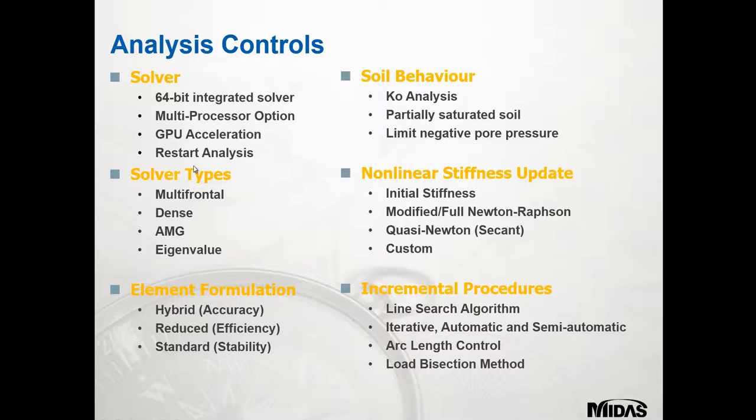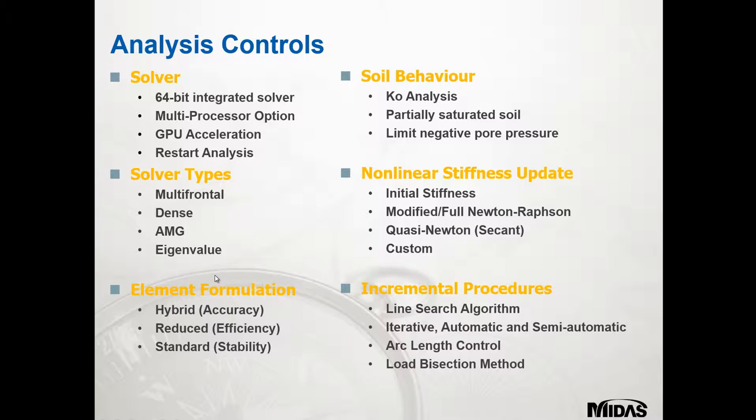Just go through some of the analysis control. We've got the solvers. We've got a 64-bit integrated solver, and multiple processors to make the analysis faster. For the different solver types, we've got multifunctional, dense, AMG and eigenvalue.